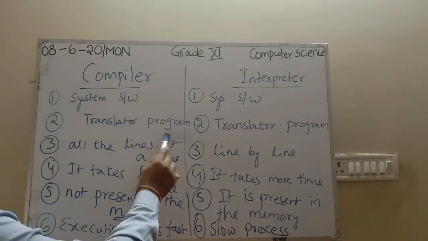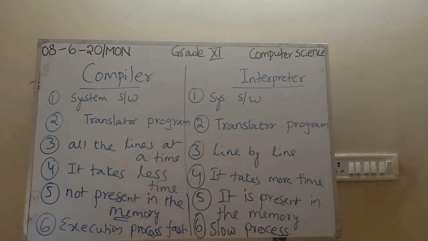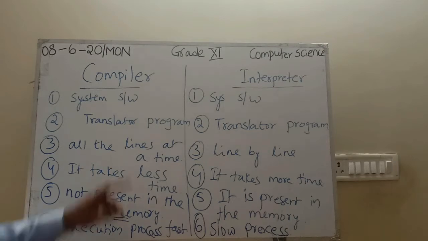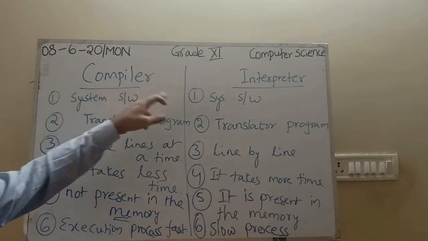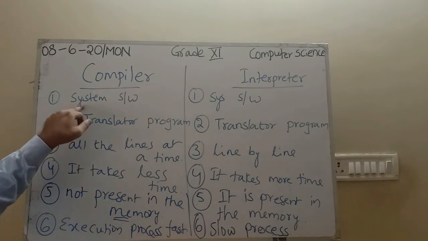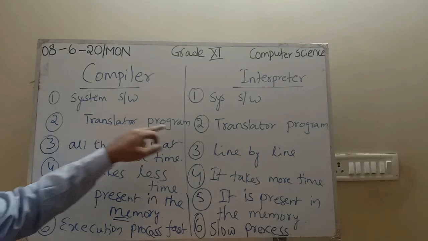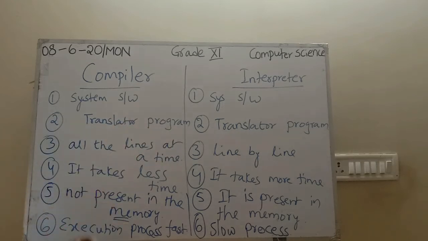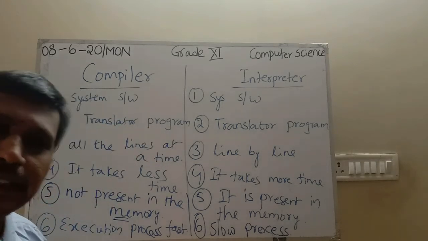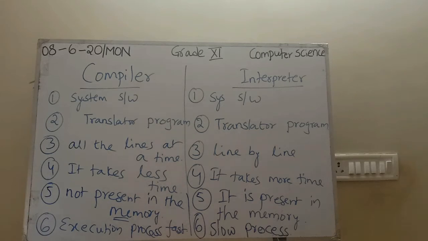So these are the differences and similarities between compiler and interpreter. These two are system software translator programs, translating from high level language programs to machine level language programs, that is third generation language to first generation language programs.